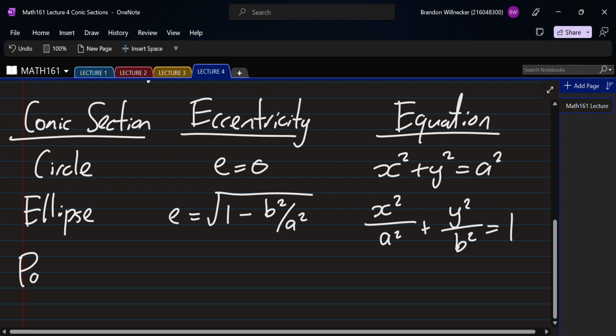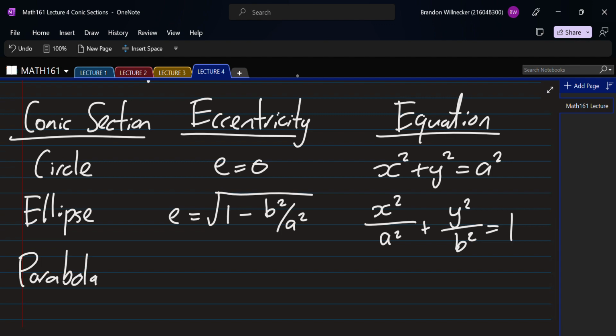Next we have a parabola, which has an eccentricity value of 1. The equation is a bit different from what you're used to: y squared is equal to 4ax.